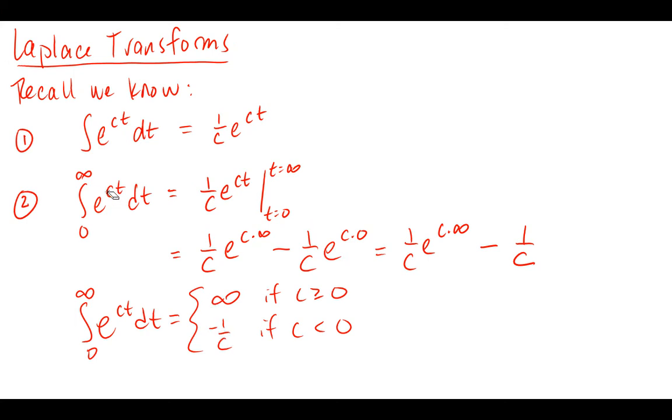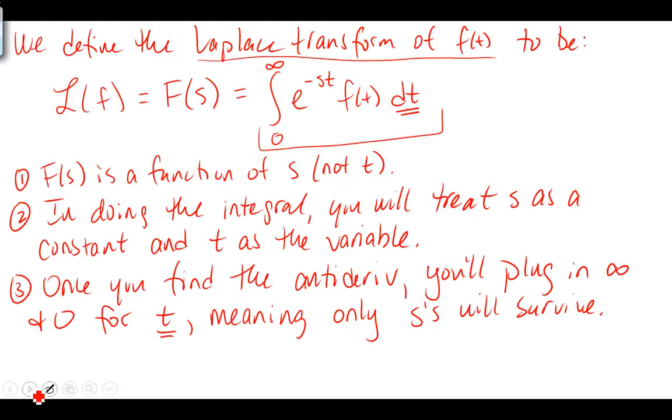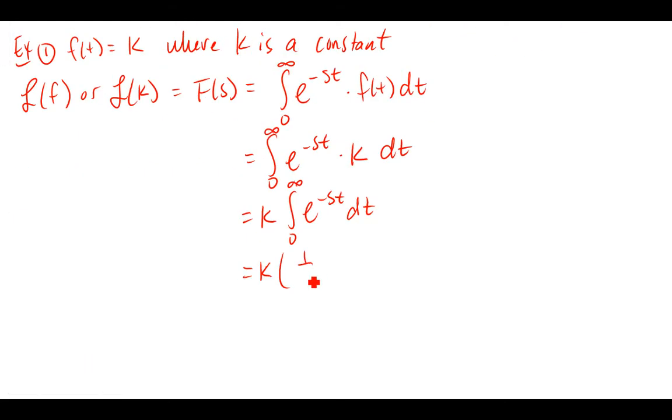So for e to the negative st, which is what we're currently looking at, I'd have negative s down here, and the two negatives would cancel to make 1 over s. Okay, I'll say c intro problem, right, where c is really negative s. Okay, or just do the integral, right? It's not like it takes that long to do.